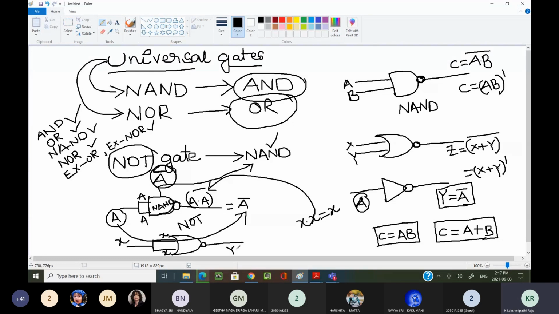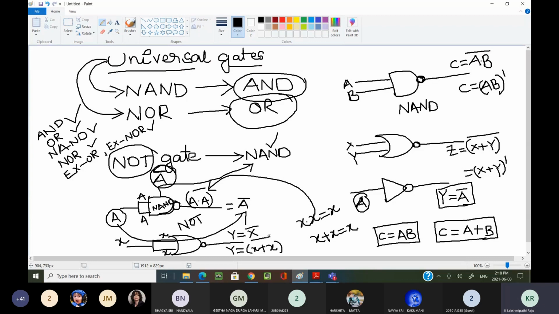Y is my output, which you can write as X plus X whole complement. By using our Boolean algebra rules, the OR law, X plus X equals X. By using this principle, you can write the output as Y equals X bar.